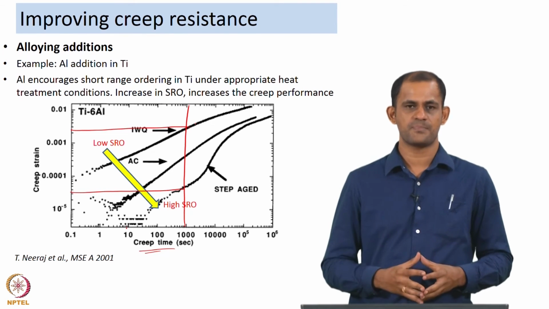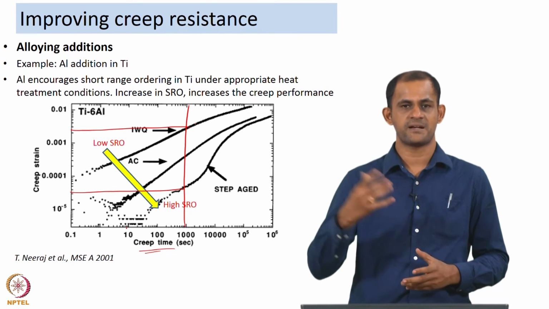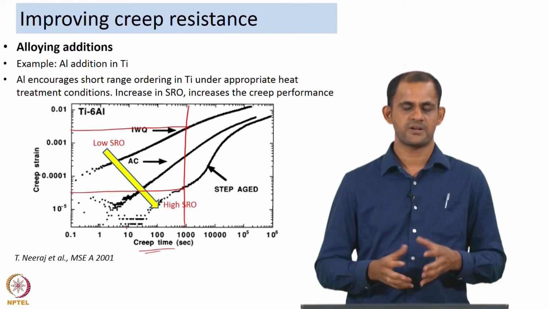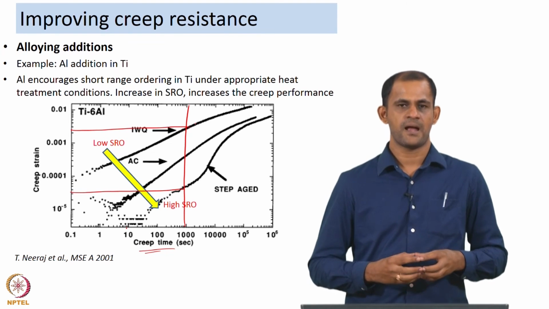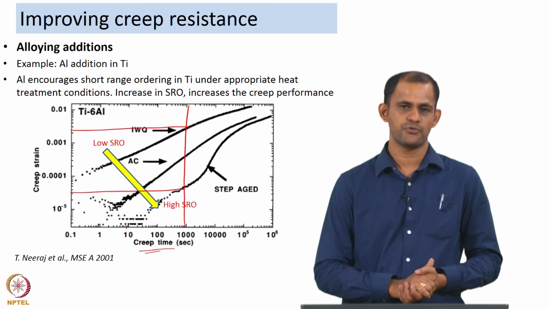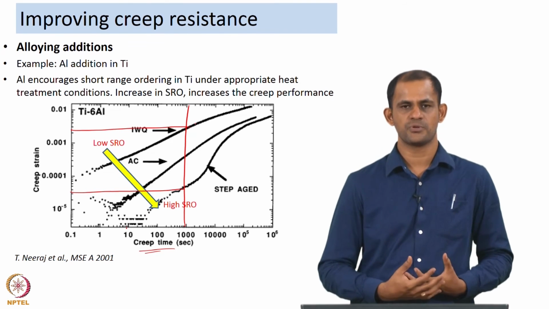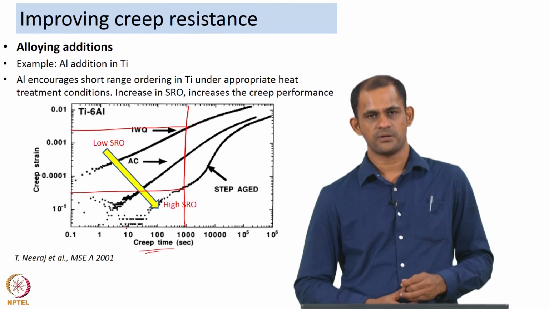A typical example is that you can add molybdenum or niobium to some of these materials, because they have large atomic radii and they prevent the easy diffusion of vacancies, and in turn improve the creep performance. So, that is how you can improve the creep performance of a material.